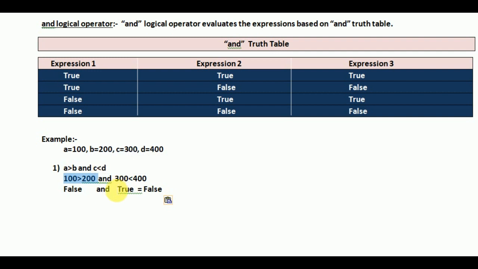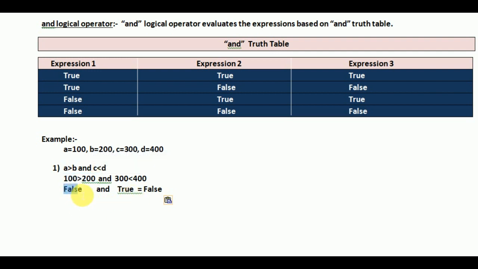Same here, c contains 300 and d contains 400. Then c is less than d, so 300 less than 400 is correct. That's why it gives the true resultant value.